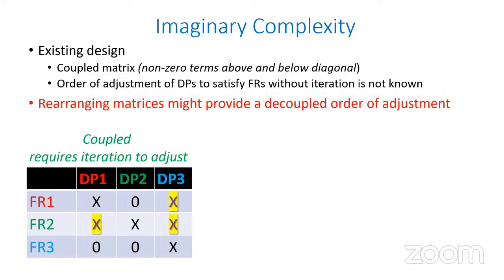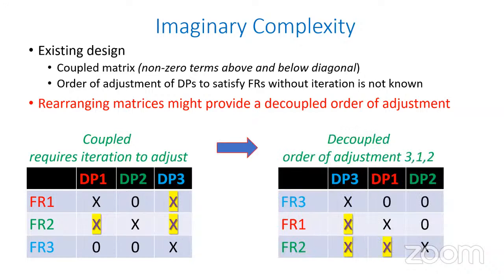We can rearrange it using linear algebra rules, preserve the equalities in the equations, and then set it up this way. So 1, 2, 3 is not a good order of adjustment, because when I do that, you can see I get things out of adjustment, but 2 will do it.